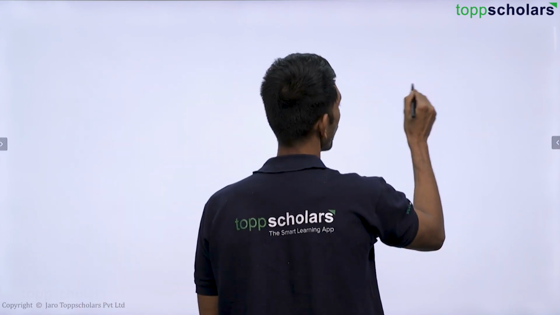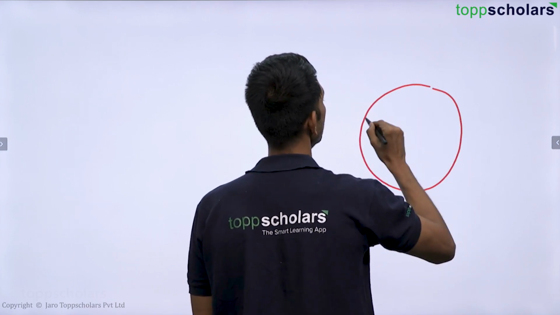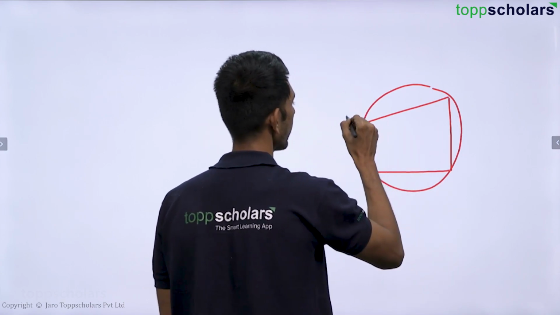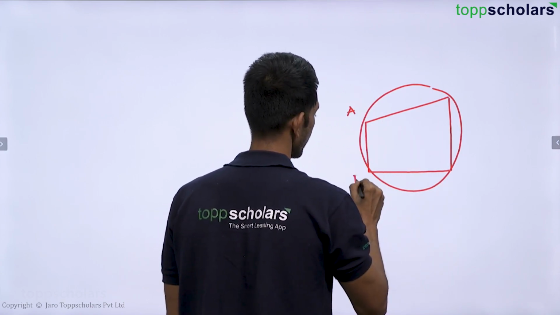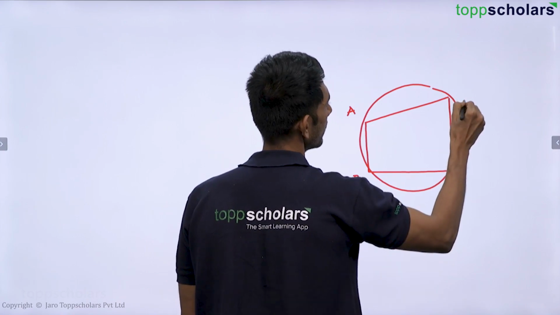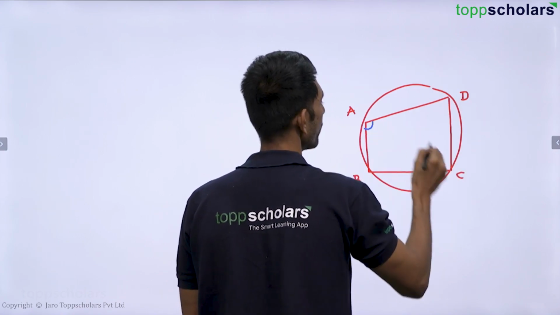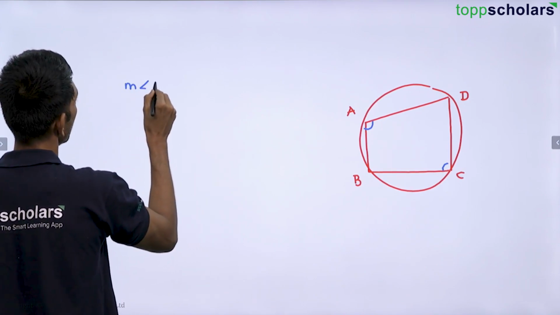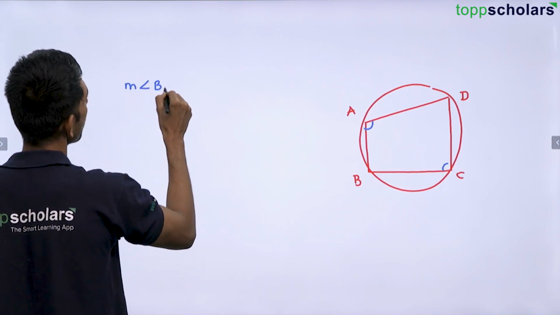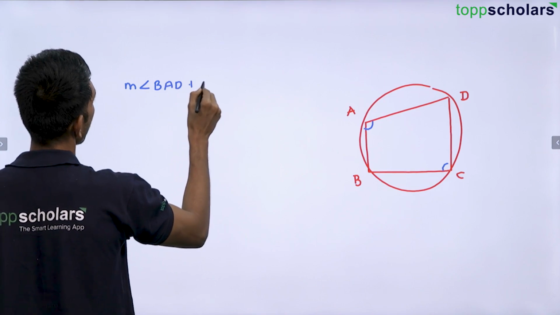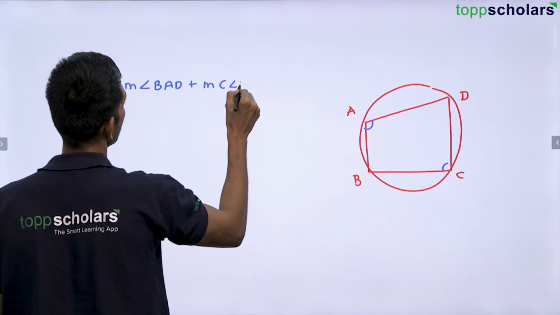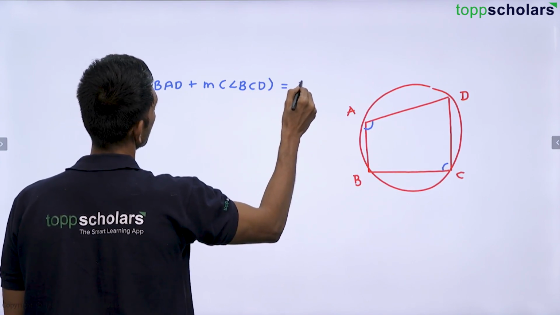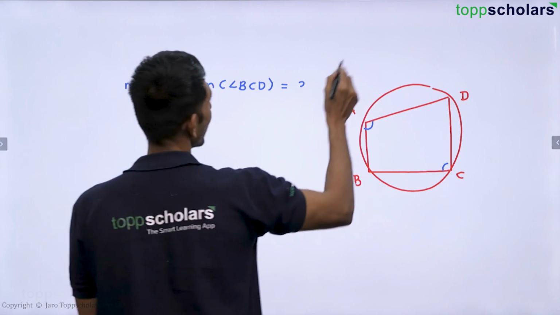Still we are not done because we had a circle, we had a cyclic quadrilateral, that is A, B, C, D. As of now we have proved that the measure of angle BAD plus measure of angle BCD is equal to 180 degrees.